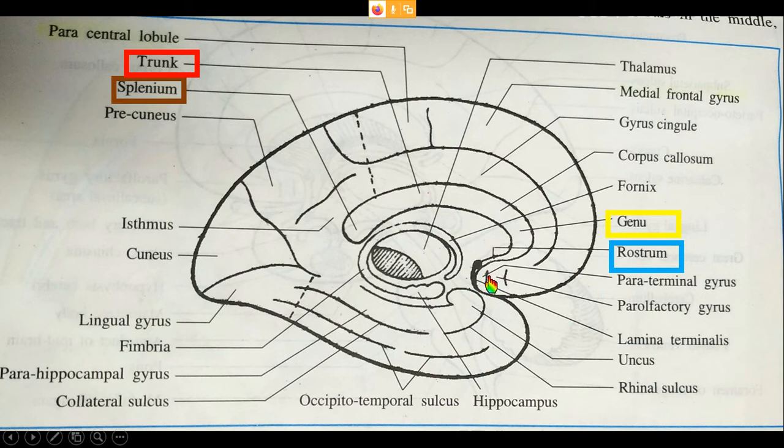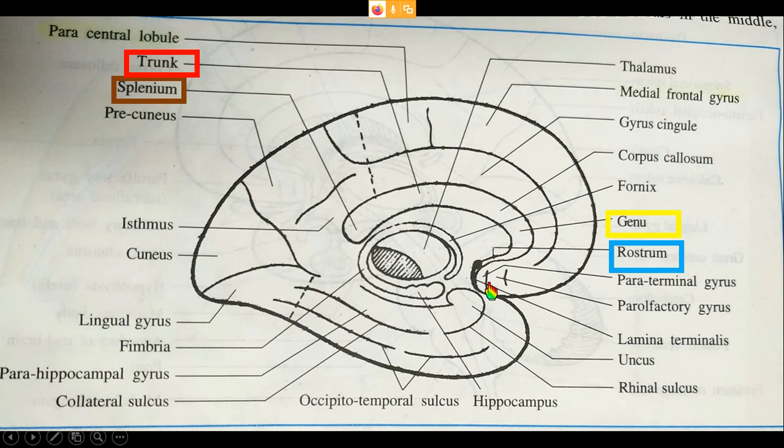Then in front of the paraterminal gyrus, you can identify a small sulcus. This sulcus is called the posterior para olfactory sulcus. In front of the posterior para olfactory sulcus, we can identify the anterior para olfactory sulcus.